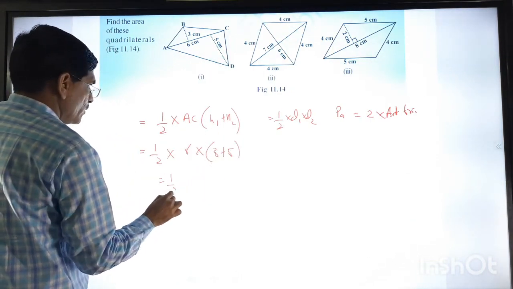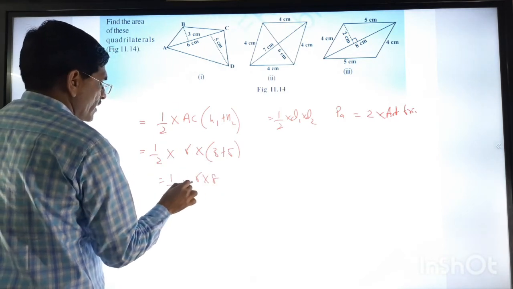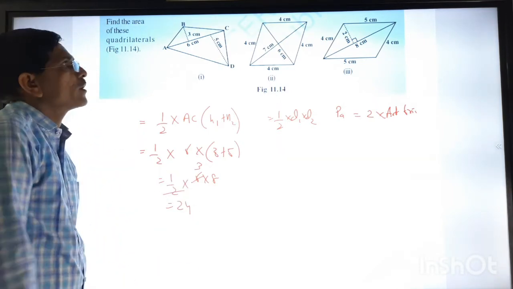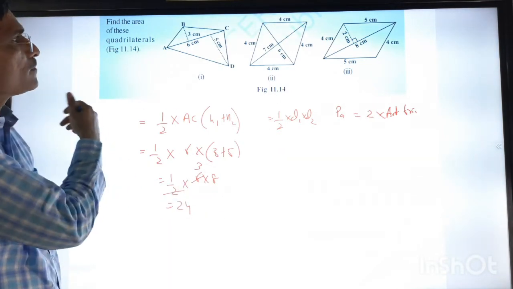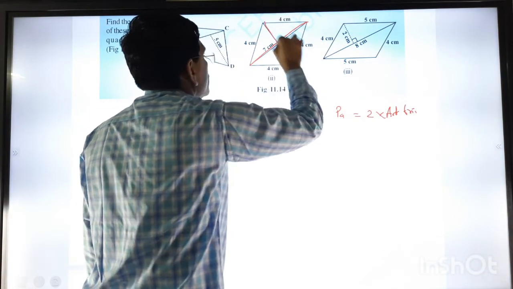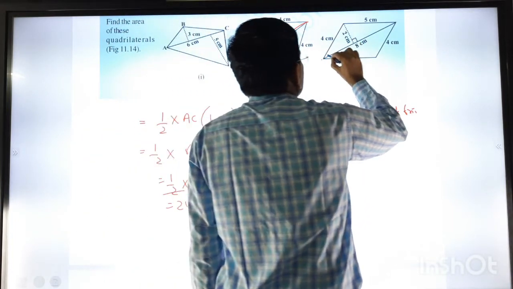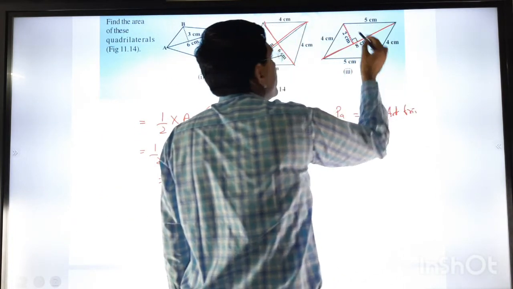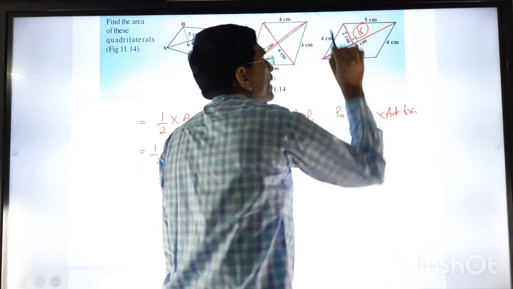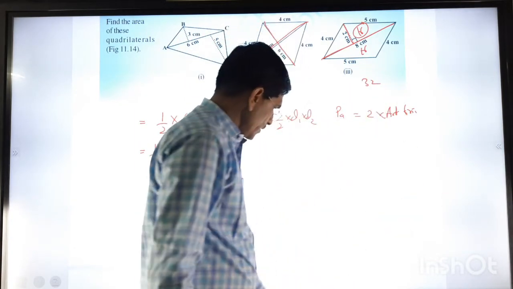So 1 by 2, 6 into 8, cancel it, 24. Here the triangle base is given and height is given. So 8 2s are 16. One triangle's area is 16. Twice that, we get 32.